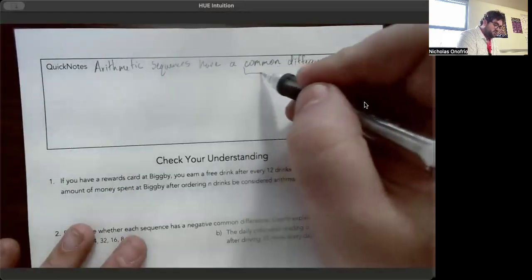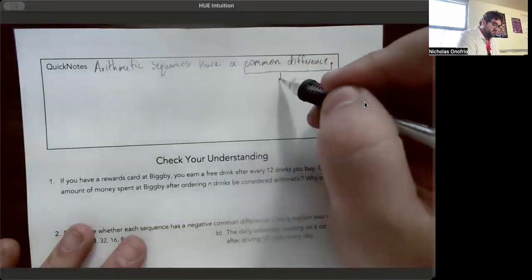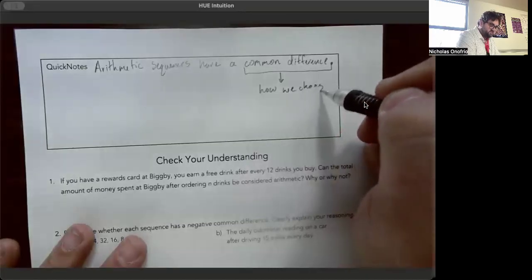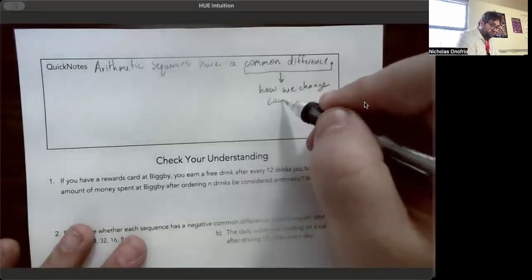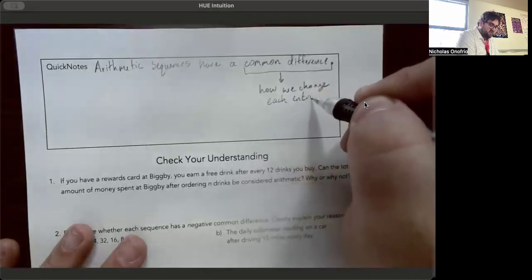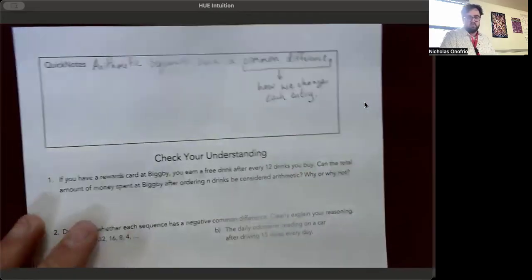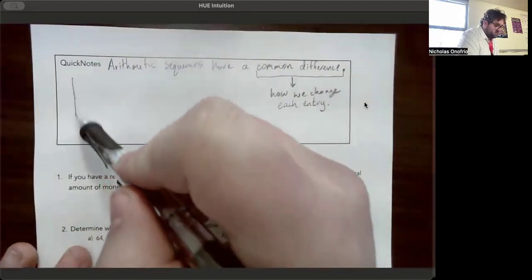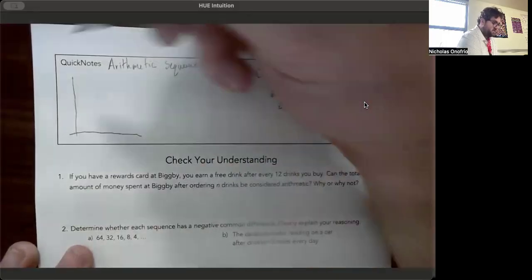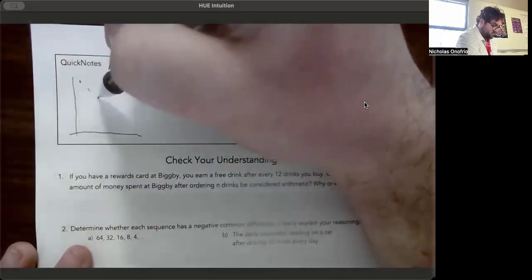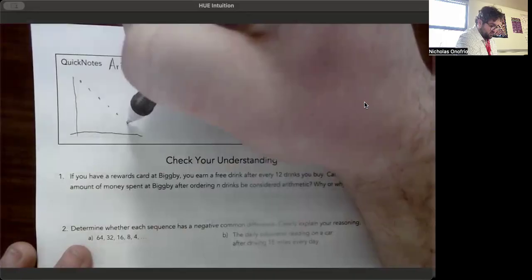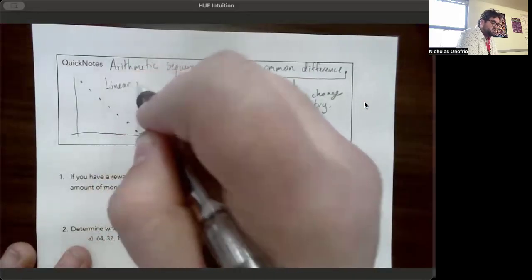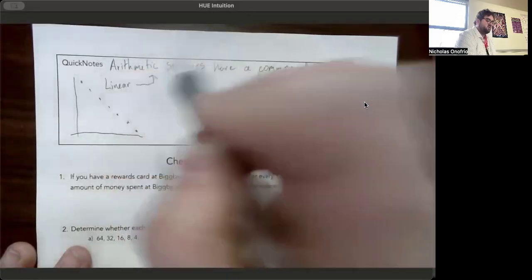That common difference describes how we change each entry. We change them by adding or subtracting the same thing every time. Arithmetic sequences, if we like to graph them, form a special type of graph, which we say is linear. Arithmetic sequences are linear.